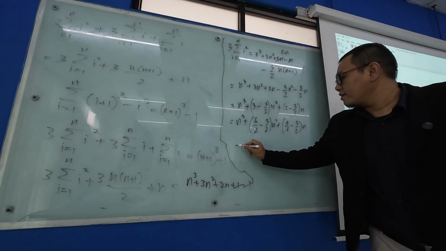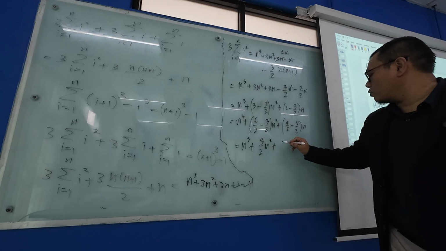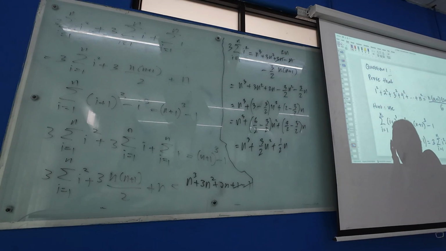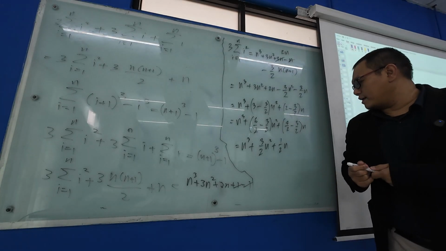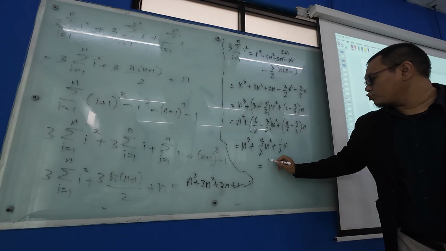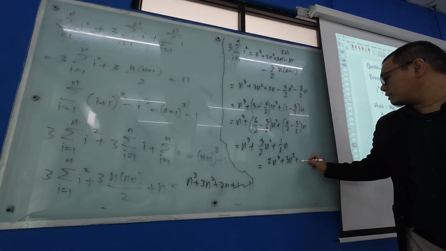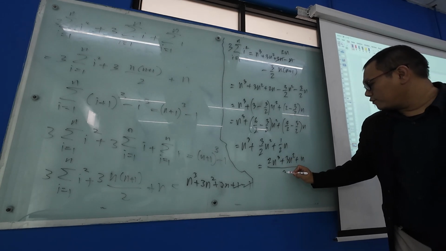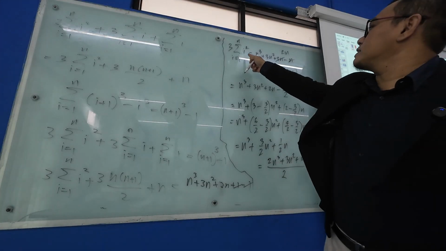So n cubic plus 3 over 2 n square plus 1 over 2 n. But don't forget there is 3 here. Now you can simplify: this becomes 2n cubic plus 3n square plus n over 2. Then you can simplify this.